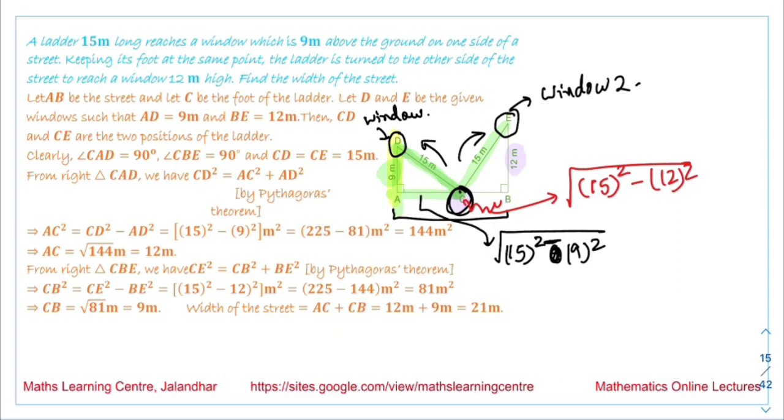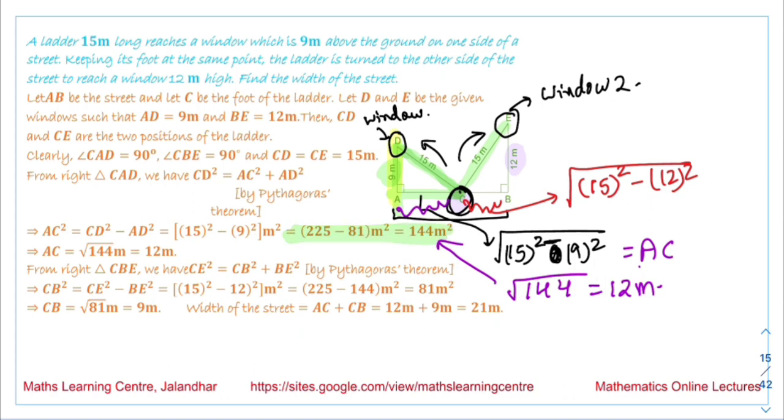So the value of this length, this is the value of AC, on solving you will get it is equal to square root of 144, that is equal to 12 meter. These calculations are shown over here.